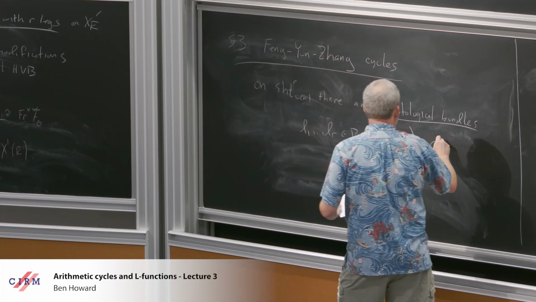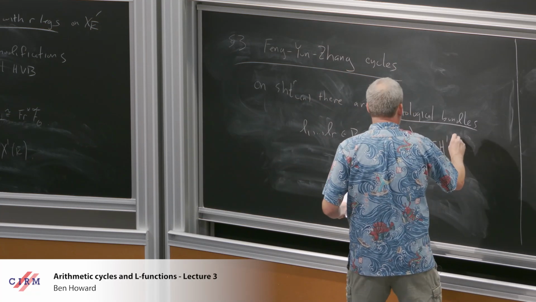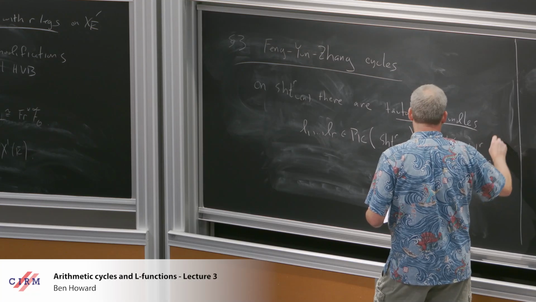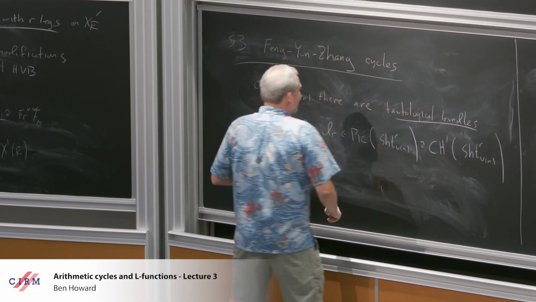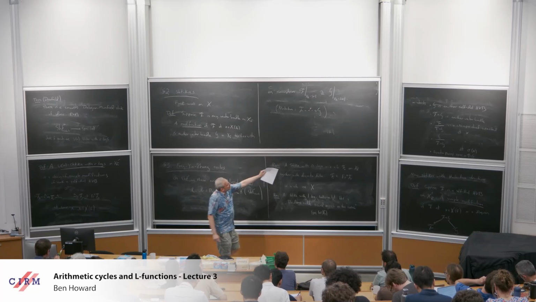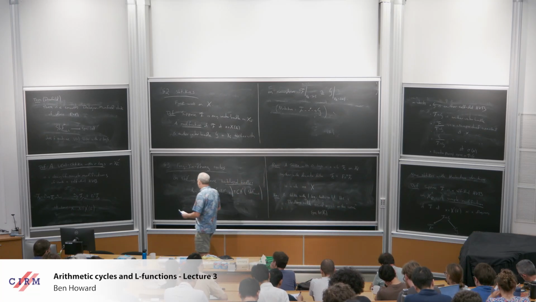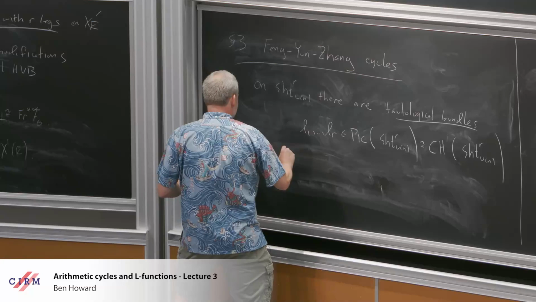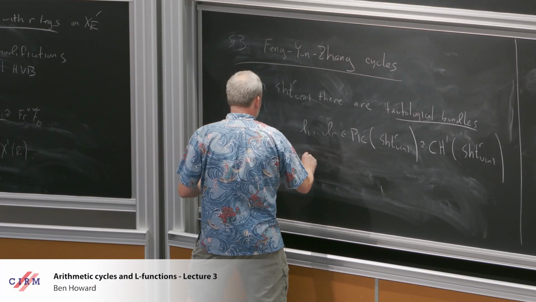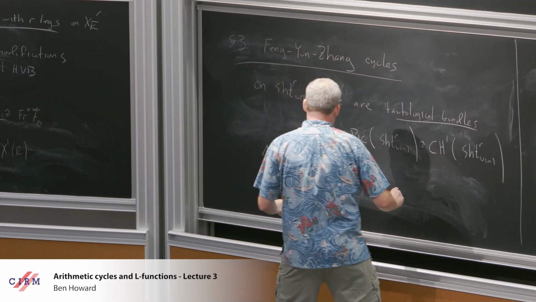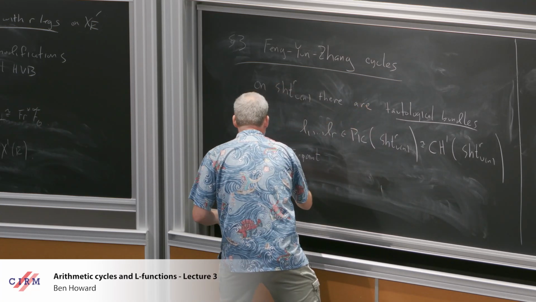And I want to really think of these as living in Chow 1. How do you define it? It's actually, if you stare at the definition long enough, it's built into it. So I'm going to tell you at a k-bar point. So what does a k-bar point of our moduli space of shtukas look like?